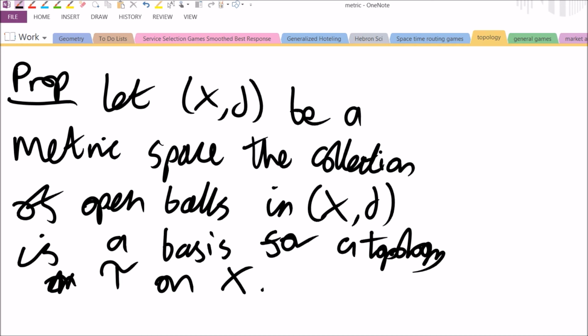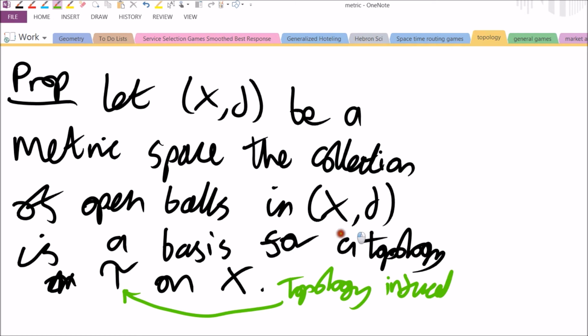And we call this tau the topology induced by the metric space d.